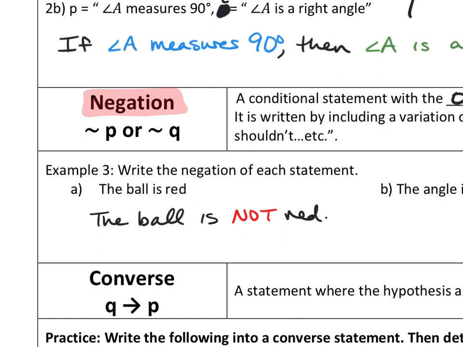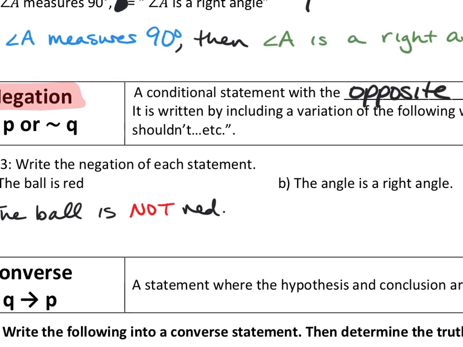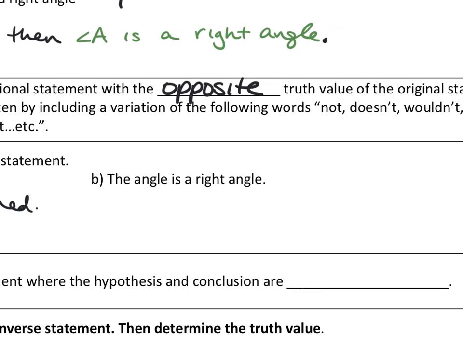So for B, the angle is a right angle. How would you negate that statement? That's the actual question. How would we negate this? The angle is not a right angle.